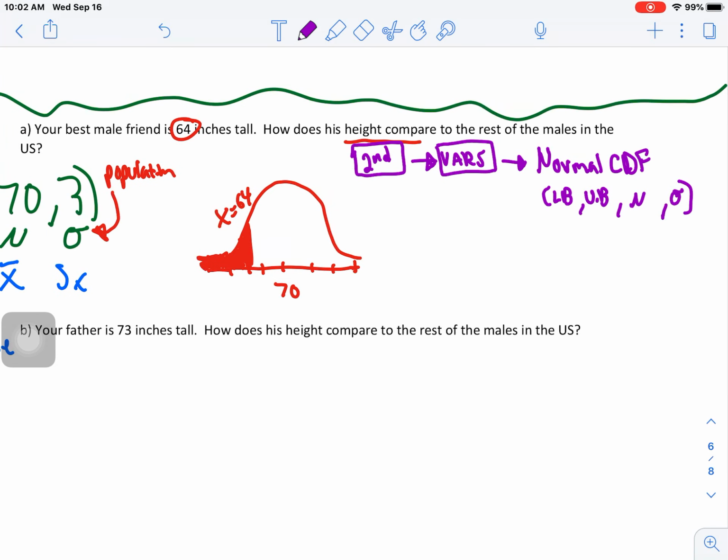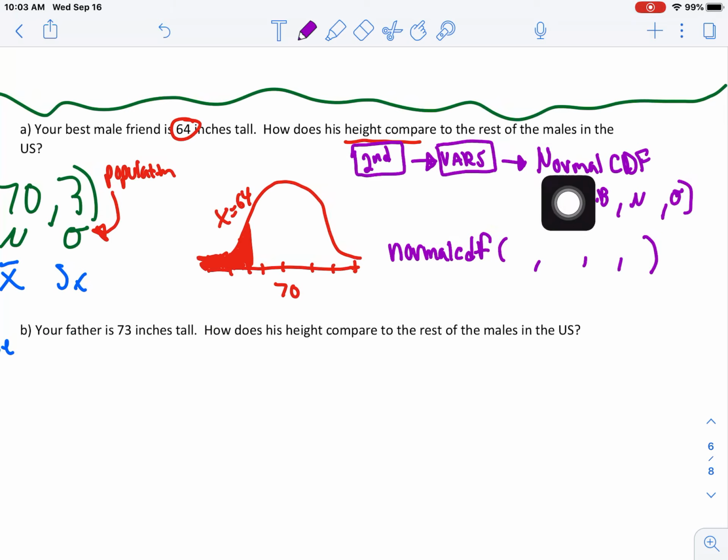So we'll pull out the calculator here in a second. But what we're going to have to do for this problem, we're going to have to use this function. And this is part of showing your work: actually writing in normal CDF, and then labeling your parameters and correctly writing down your parameters.